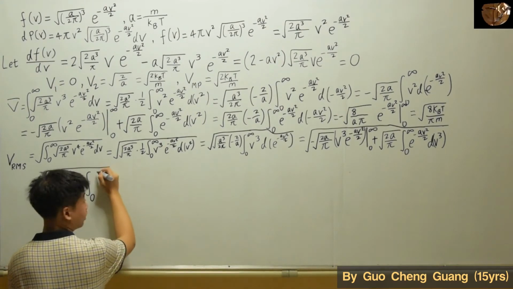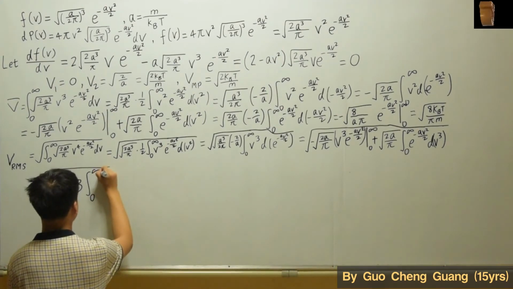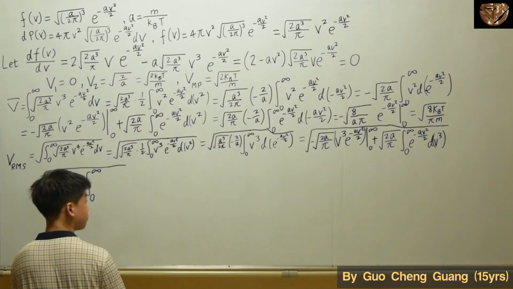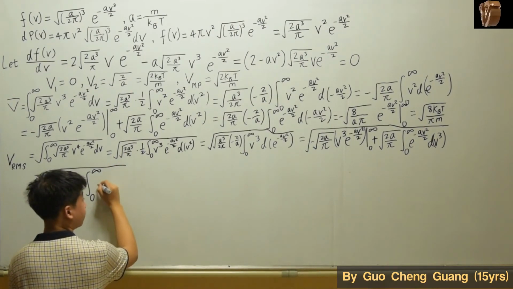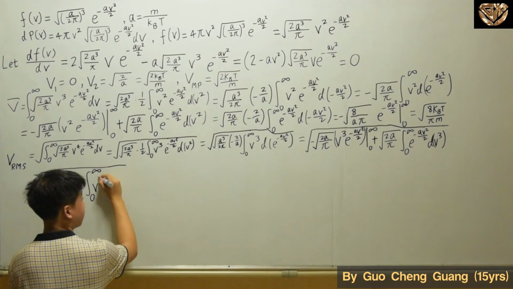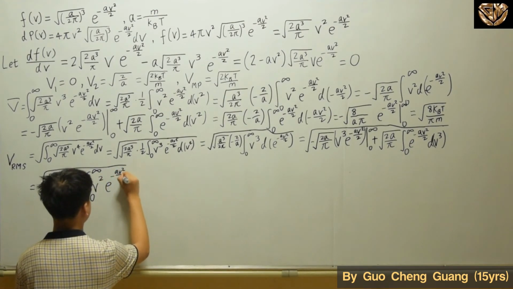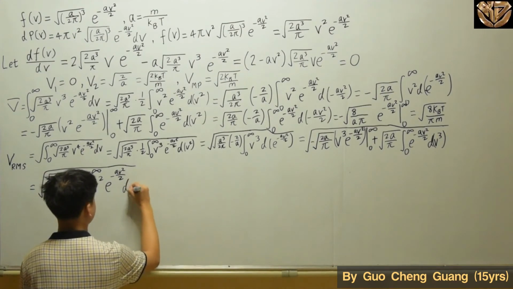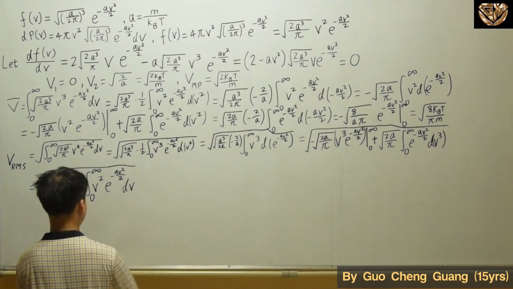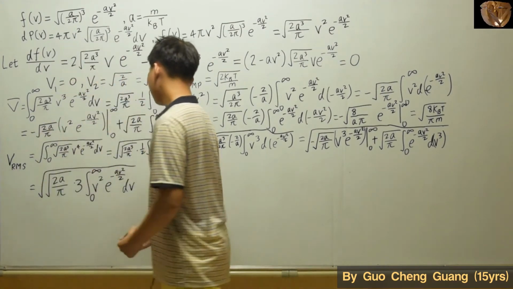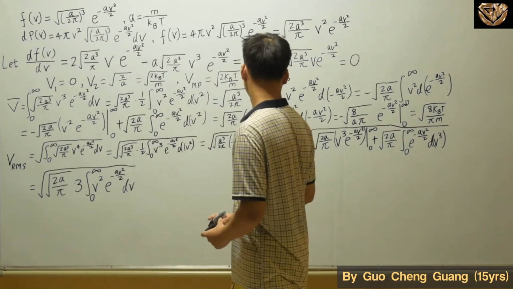So integrate from 0 to infinity, and since you take the v cubed out, you're going to have v square e to the power of negative av square over 2, and then dv.